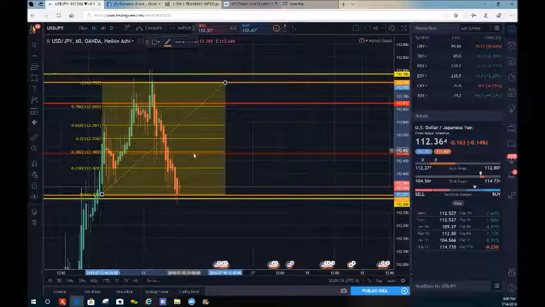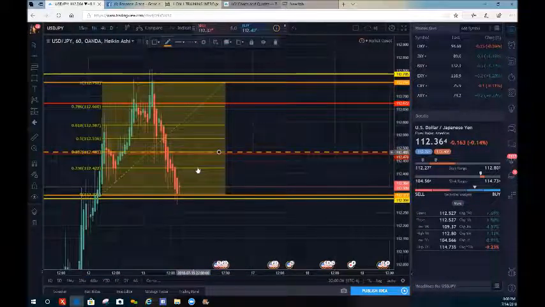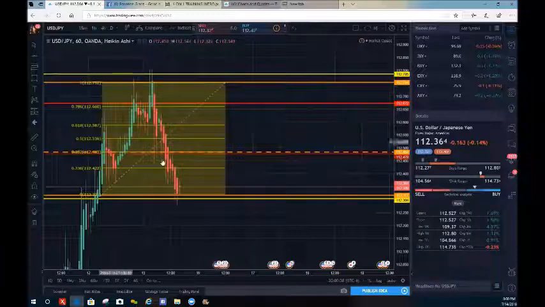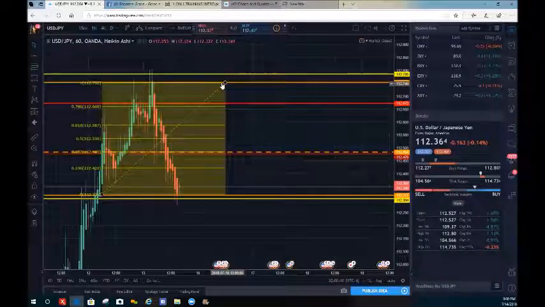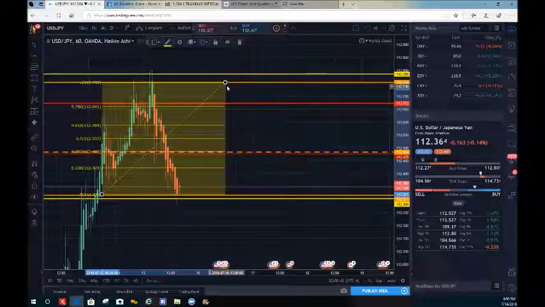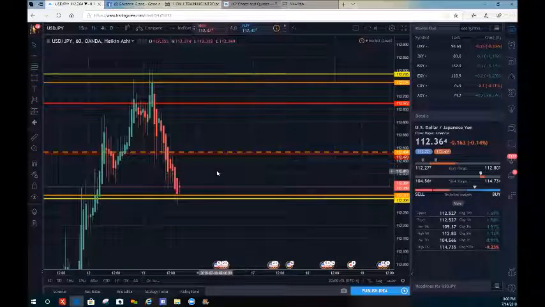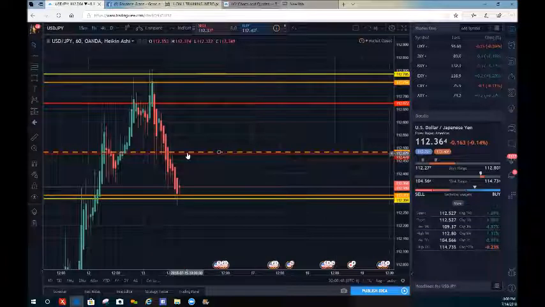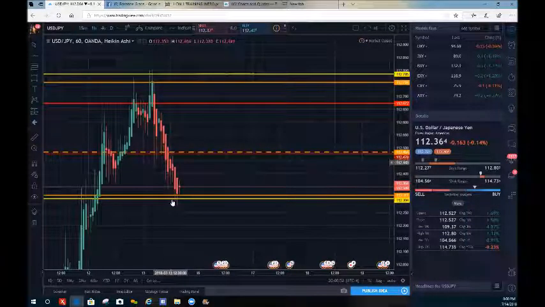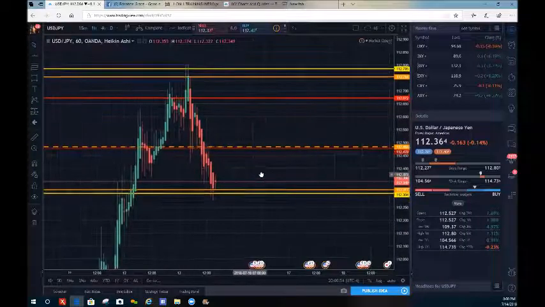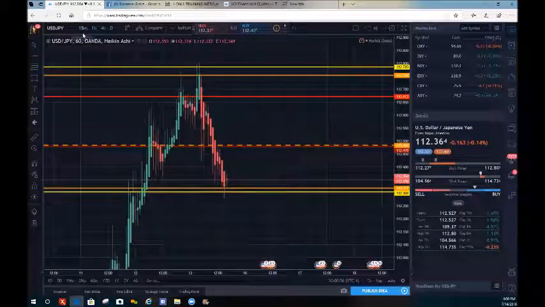Orange. 38.2. There we go. And if you notice, that 38.2 zone is sitting right there at another support level, you guys. It's not far off from another support level. They're almost on top of each other. That's because these are major zones, okay? So now I have that there for my 1 hour.